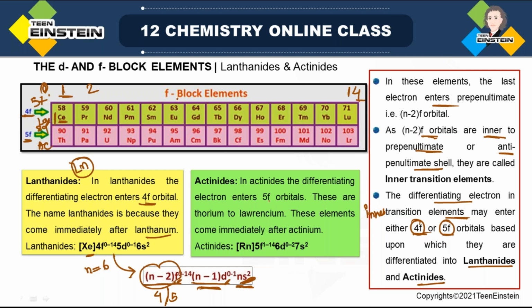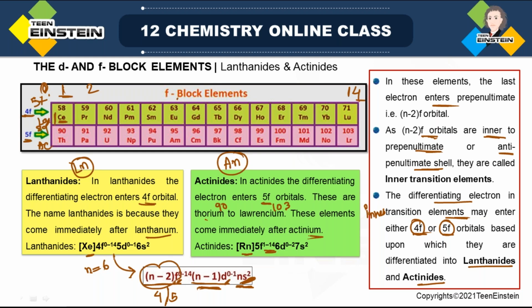Now come to actinides. Here everything is the same, but now the 5f orbitals will be gradually filling with electrons, starting from thorium, atomic number 90, up to lawrencium, 103. These elements come immediately after actinium, atomic number 89, and that is why in general they are called actinides. In short form, it is written as An. For actinides, after the Rn configuration, it will be 5f1 to 14. Now see, there is a little difference. In case of 4f, it is 0 to 14, but here it is 1 to 14.